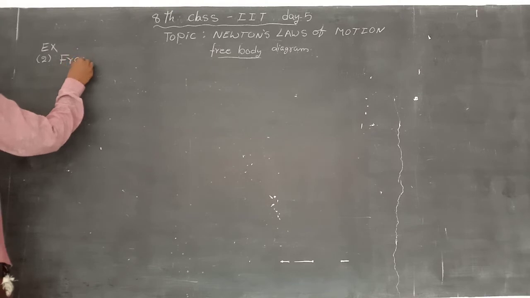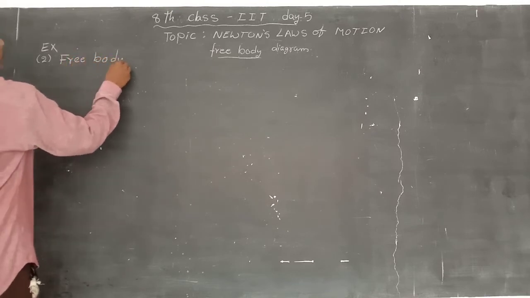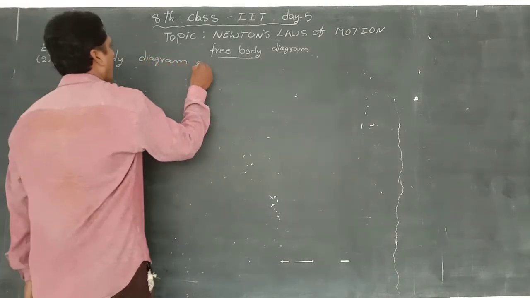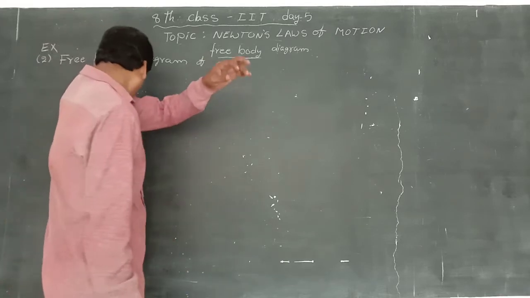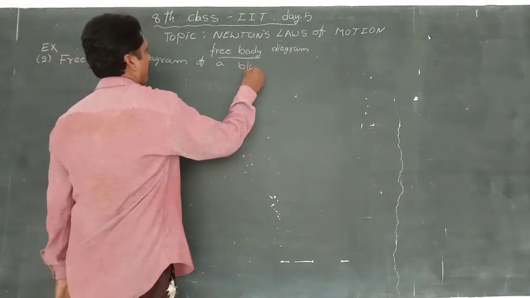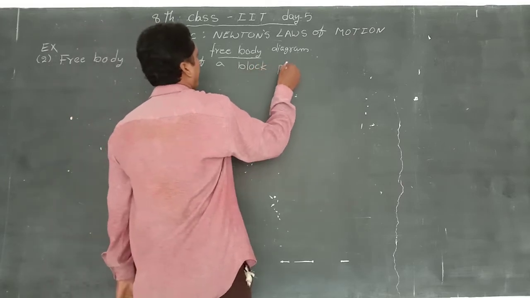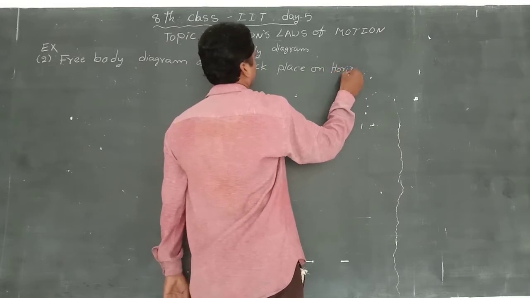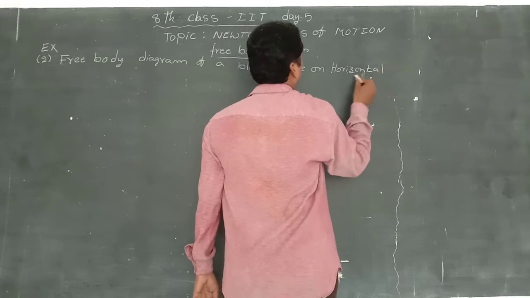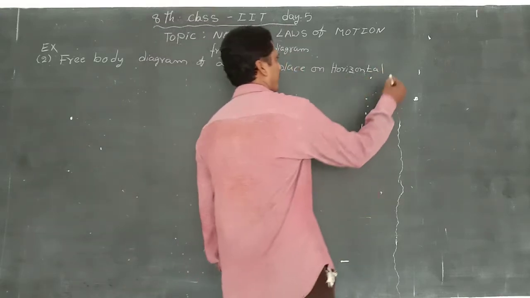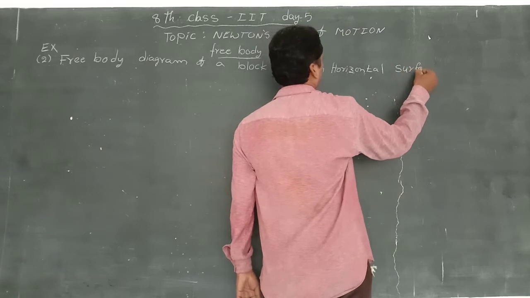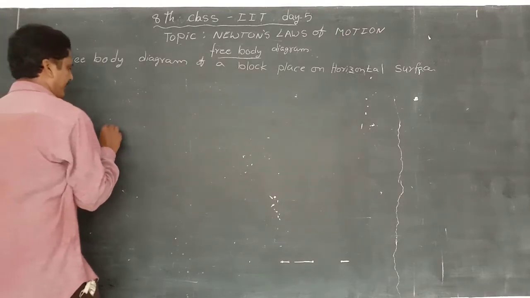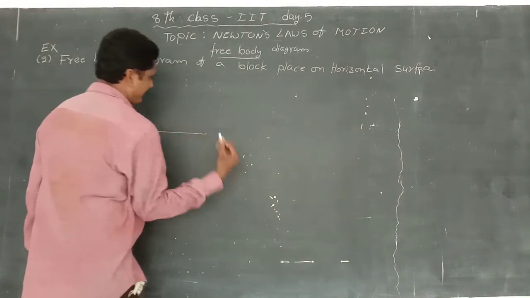Free body diagram of a body placed on a horizontal surface.